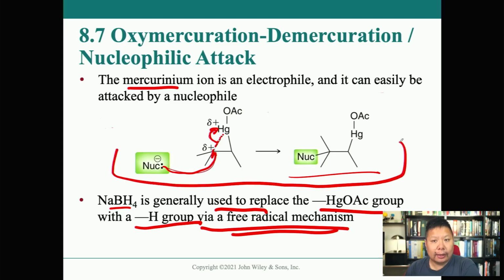Long story short, this is just a way of using this mercurium ion, or mercuric ion, to make a Markovnikov addition and prevent any carbocation rearrangement. Because if you were to do it with just water and acid, it would go through a carbocation rearrangement if it could.